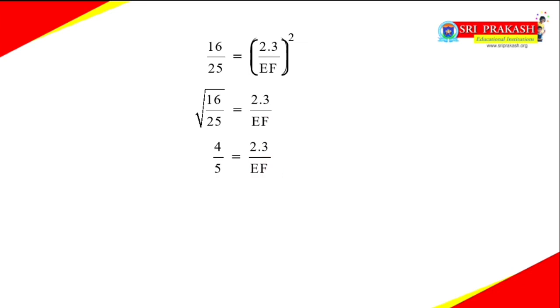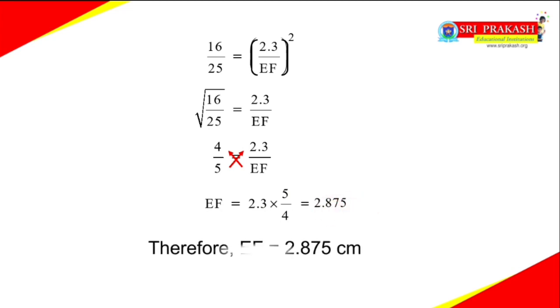Now let us simplify by cross multiplication. Then we get EF is equal to 2.3 into 5 by 4. By simplifying, we get 2.875. Therefore, the length of EF is equal to 2.875 centimeters.